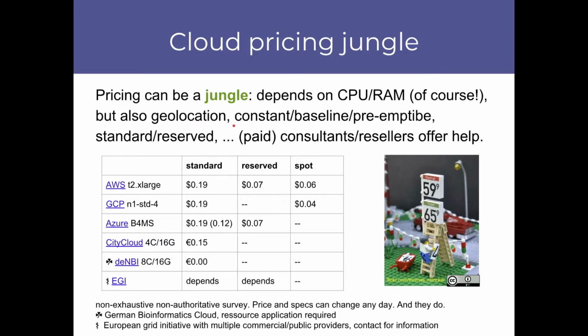There are also different flavors where you can buy a standard machine, or you can buy one that is reserved, as we see here. There you have some kind of prepaid scheme for paying.